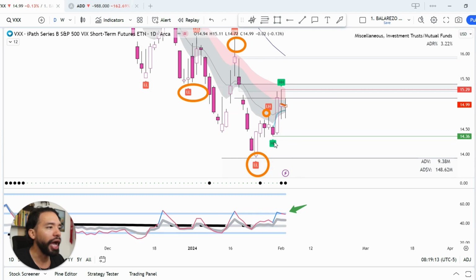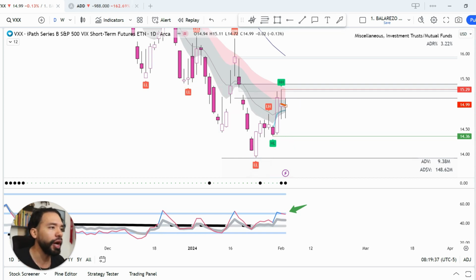We make a lower high, but what happened here is that we actually make a higher low, and then we make a higher high, and that's the first suggestion. Remember, guys, that this is just a suggestion, because we can get just a lower low next week, and then this can continue to the downside. But this is the first suggestion that probably here volatility wants to give us a surprise.